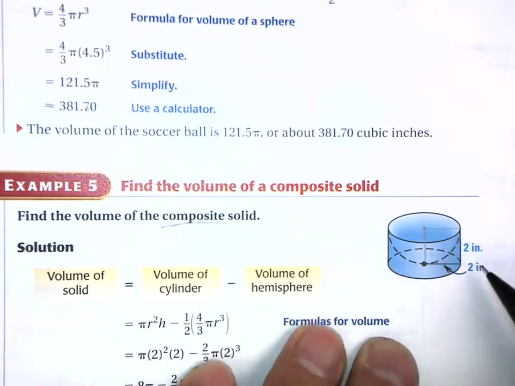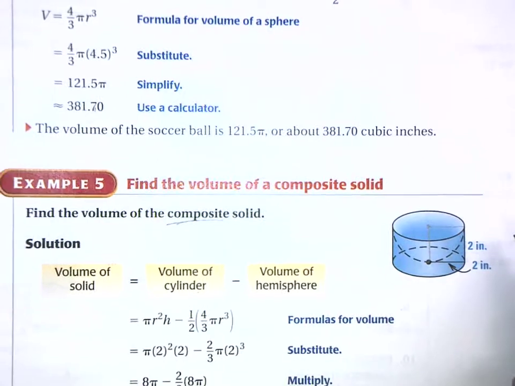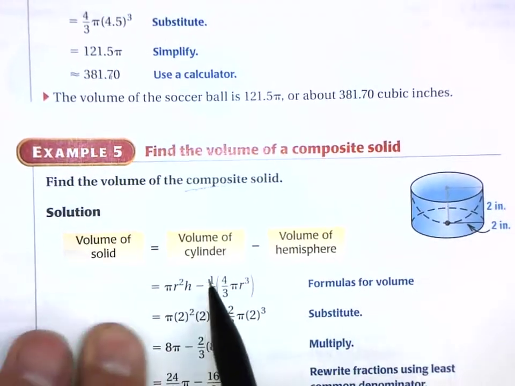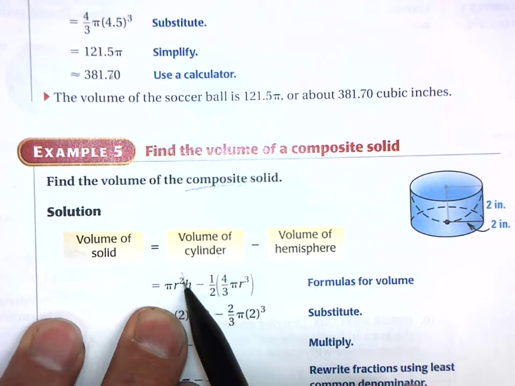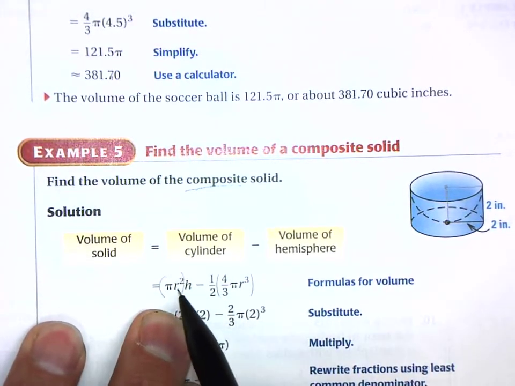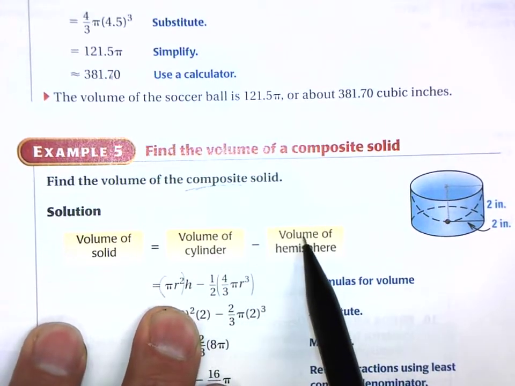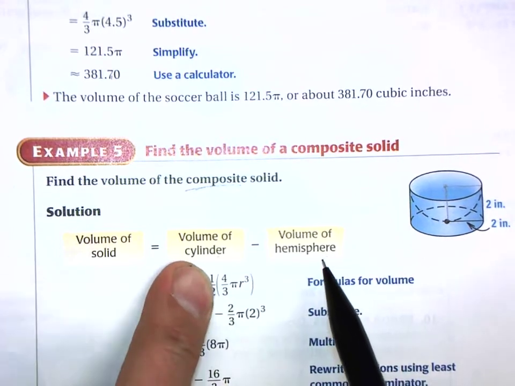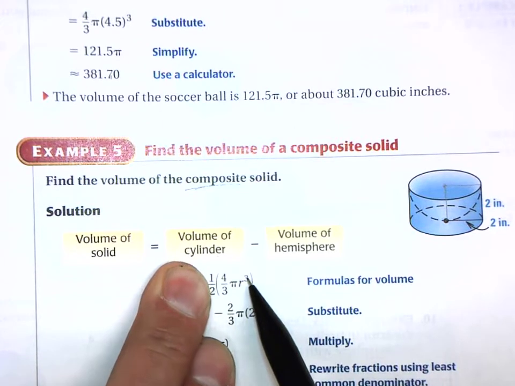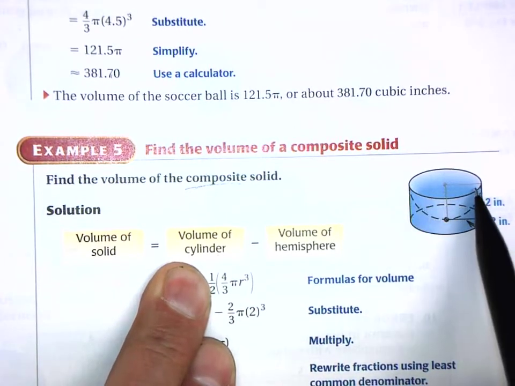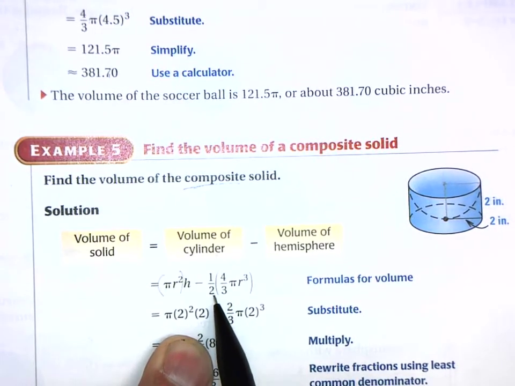So radius of 2 for both the cylinder and also for the sphere. And so the volume of a cylinder, you know, is pi r squared, that is the area of the big base, times the height. And then we subtract from that the volume of the hemisphere. And so the volume of the sphere is 4/3 pi r cubed, but we want the volume of the hemisphere, which is only half of a sphere, so that's why they multiply this times 1/2.